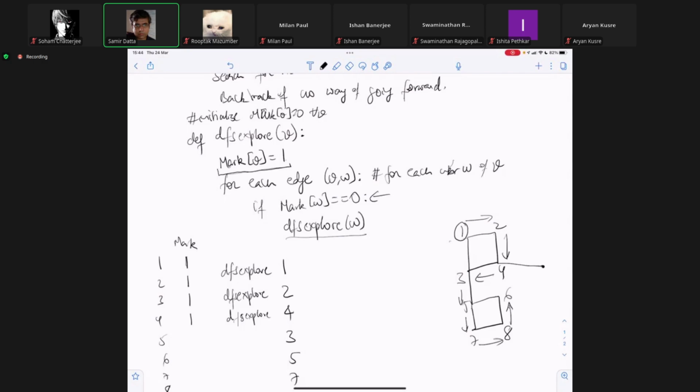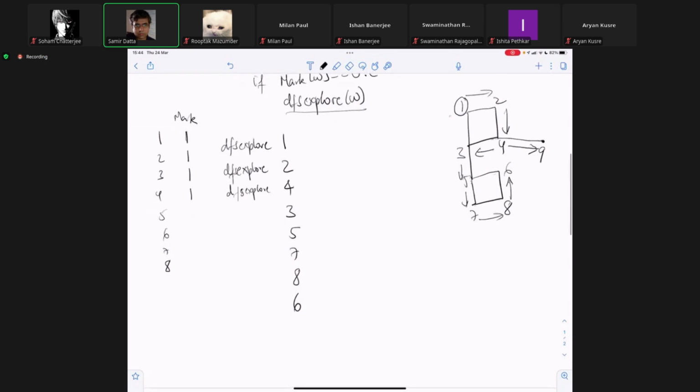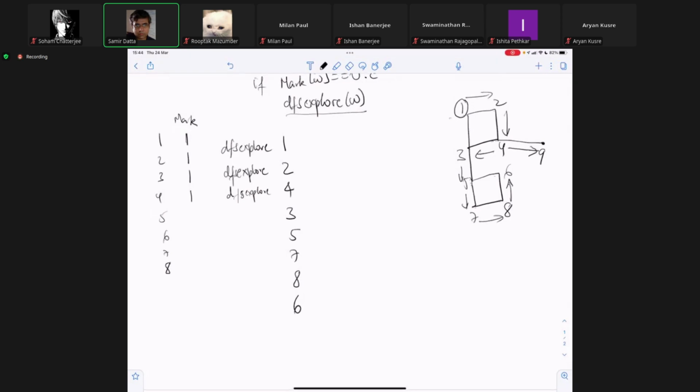So you look for other neighbors of 6, there are no other neighbors. 8, are there other neighbors? No. 7, 5, 3, 4. 4 has another neighbor. So there is a branching here, correct? So after 6, we would backtrack and come all the way to 4, and then there is 9. Correct? Are you with me?